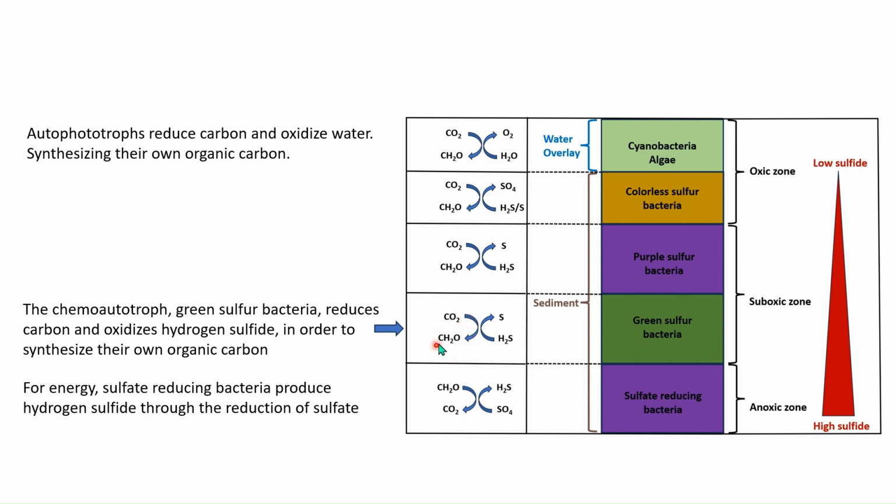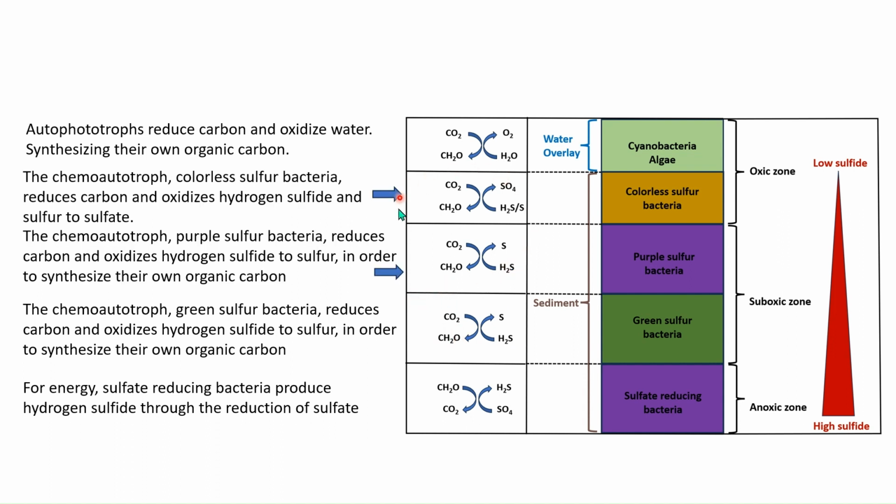So they can make their own glucose. In order to do this, though, we can see that they need to oxidize this hydrogen sulfide that's produced by the sulfate reducing bacteria. So we can see the cycle taking place. This waste product can be used here in order to generate biomolecules for green sulfur bacteria.